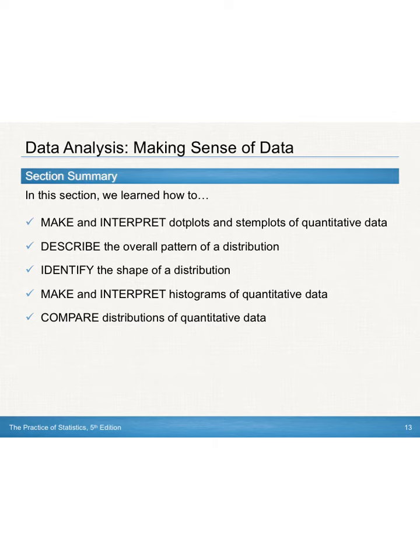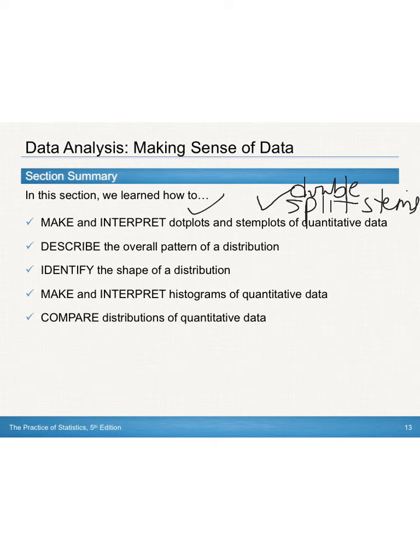So this is what you need to make sure you're able to do. Can you make a dot plot accurately? Can you make a stem plot accurately, including the idea of a double stem, or one where you have to split the stems, okay?